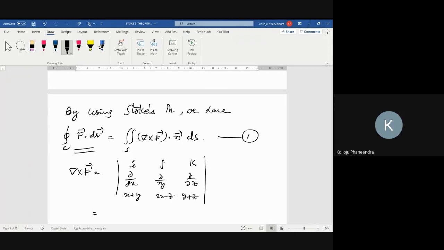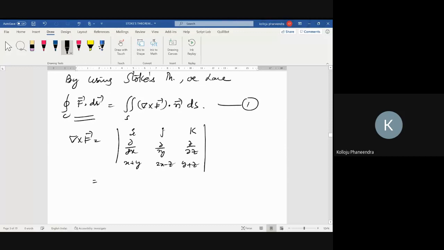So this is equal to i into dou by dou y, this is 1 and this is minus 1, minus j into dou by dou x, 0 and this is 0, plus k into 2 minus 1, which is 1. So del cross f bar is 2i plus k.